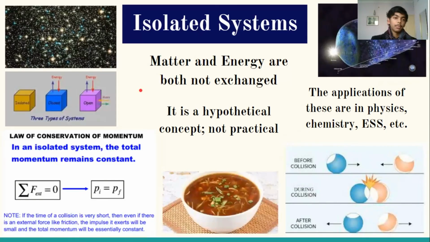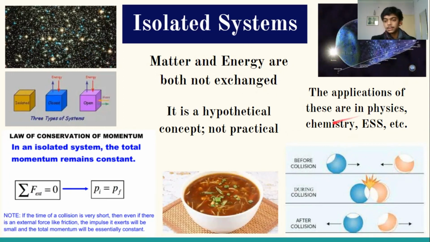We are considering that there is only one universe and there is nothing outside of it. So we can assume that it is an isolated system because there is nothing outside of our universe. Whatever happens in the universe stays within the universe, so matter and energy exchanges do not take place.